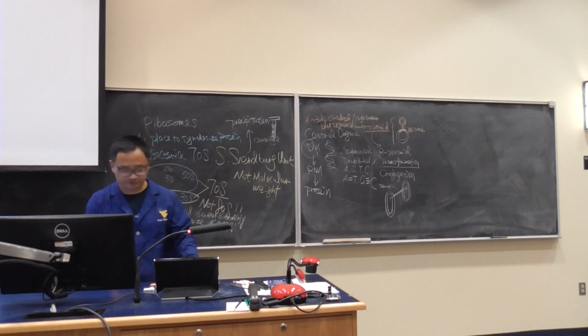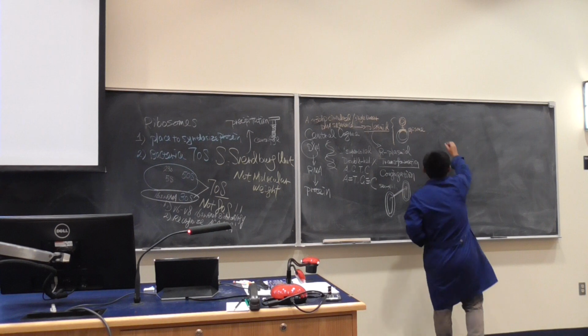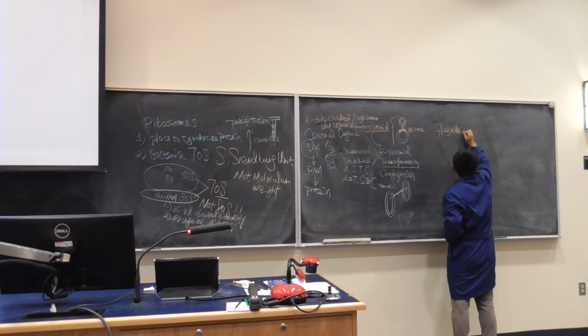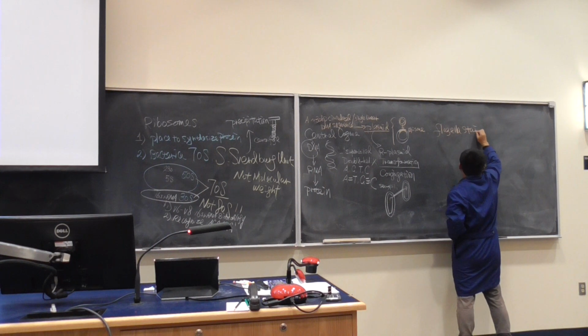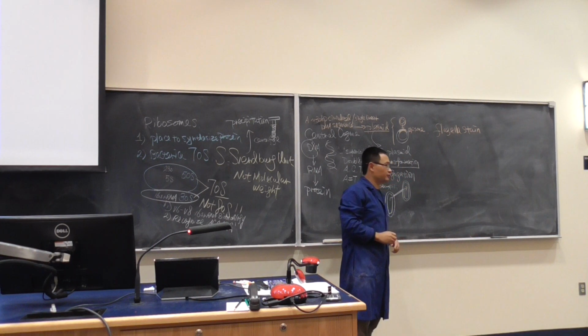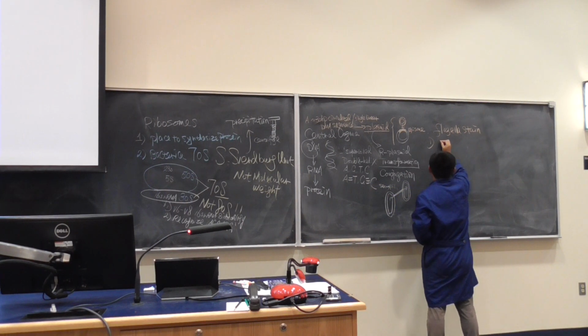Now we move on to the flagella. Flagella, we talked about already. We can use a flagella stain to test and find the morphology and the presence or absence of the flagella. First of all, flagella is composed of a protein called flagellin.